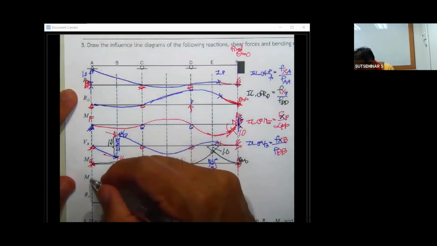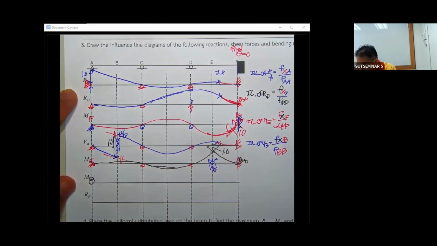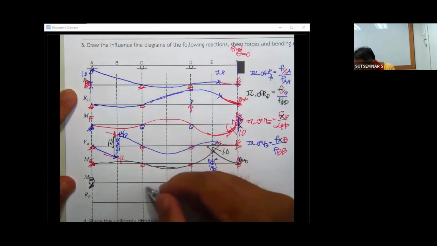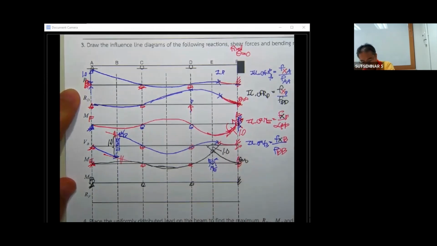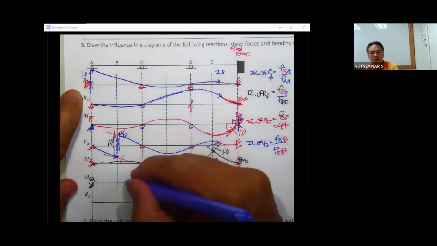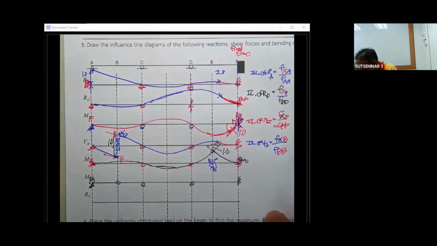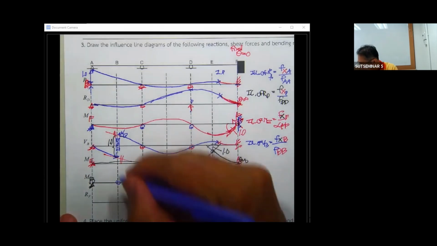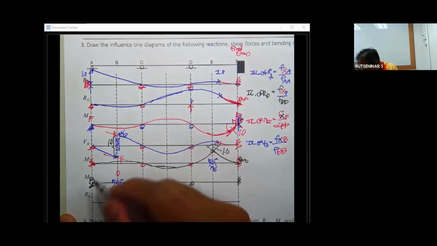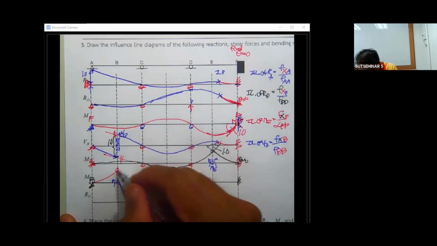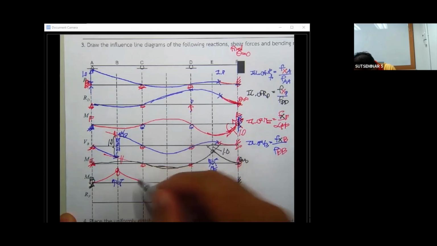Let's change this one to be moment M sub B. Okay, sub B, and then you put what? You put the hinge here and put the force like this. This is going to move here, and then this is going to have the deflected curve.